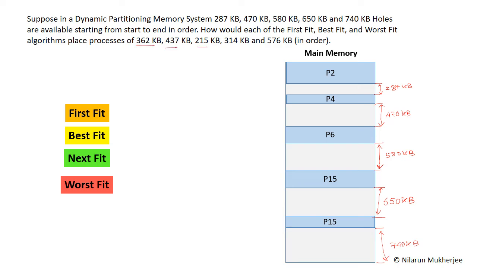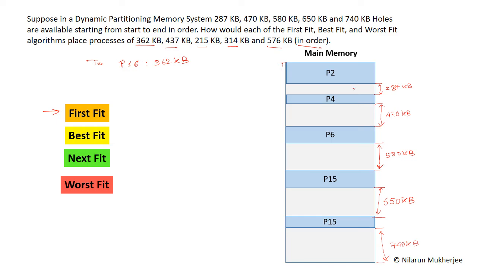Now the processes come: 362, 437, 215, 314 and 576 kb in order. That means at T0 P1 comes, 362 kb. Using first fit, where to fit that?